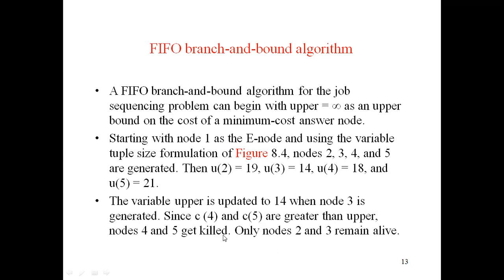At 3 it is 14, but at 4 and 5 those are 18 and 21, so you can kill nodes 4 and 5. Only nodes 2 and 3 remain alive.